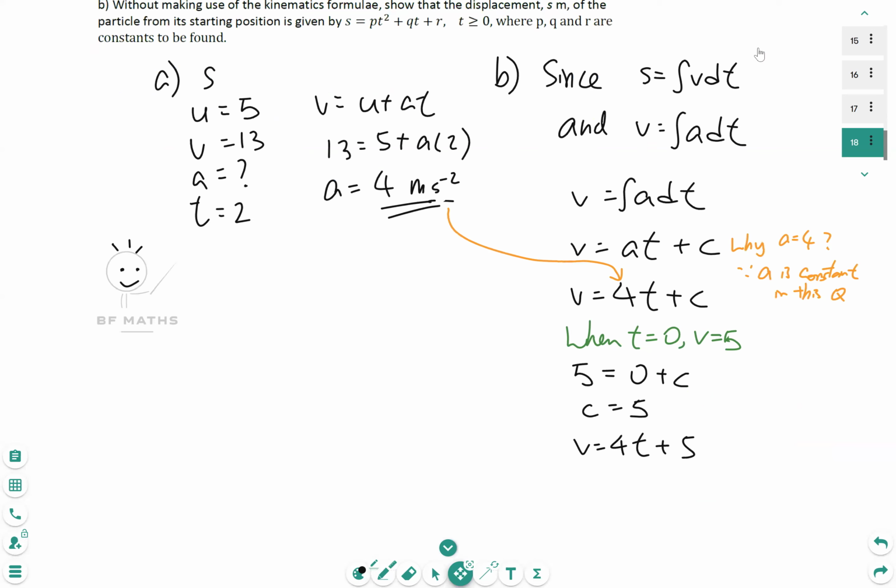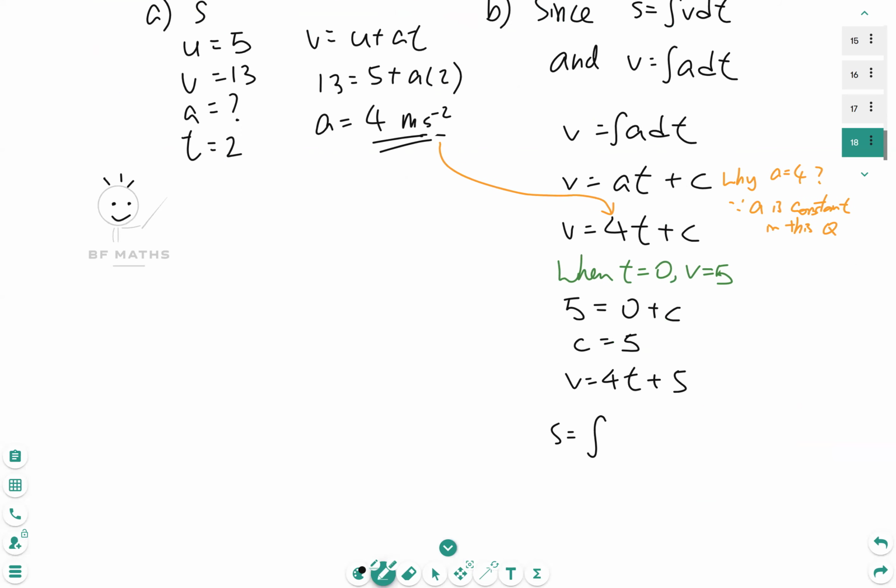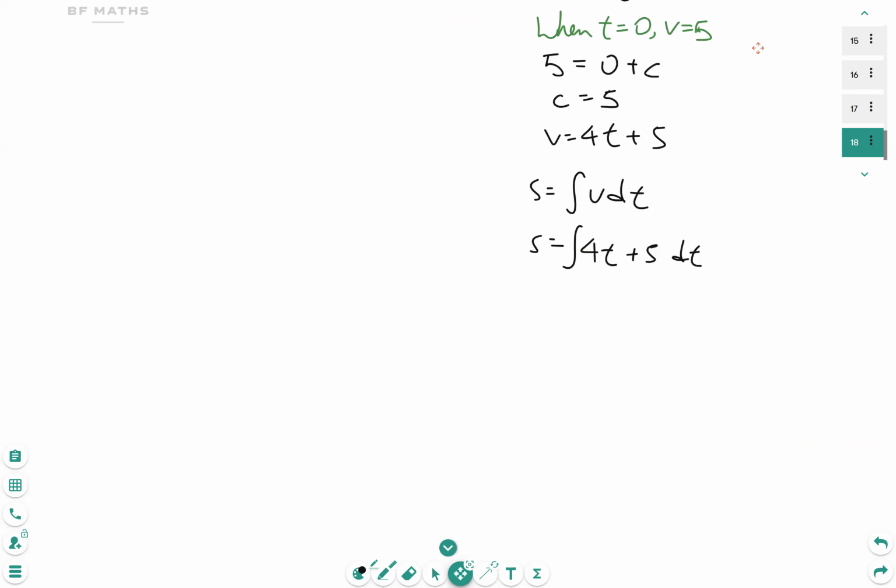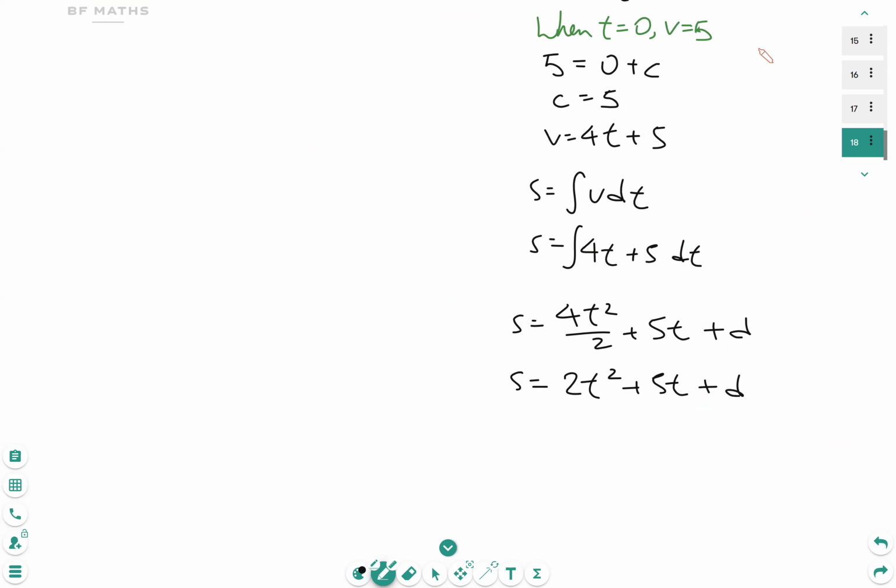And guess what we need to do? We know s equals integral v dt, so s equals the integral of 4t plus 5 dt. So let's integrate. s equals 4t squared over 2 plus 5t plus d. Let's simplify: s equals 2t squared plus 5t plus d.